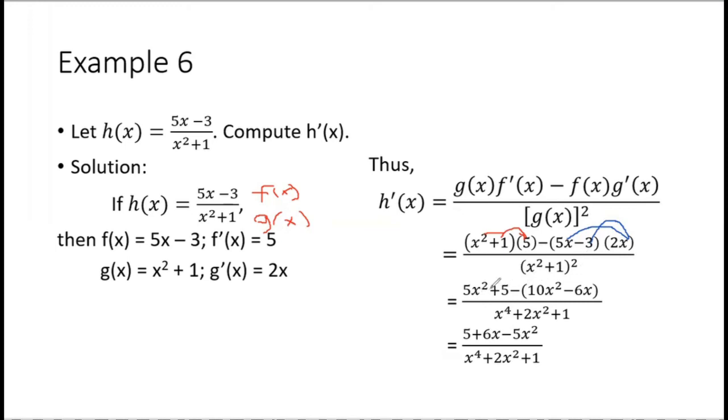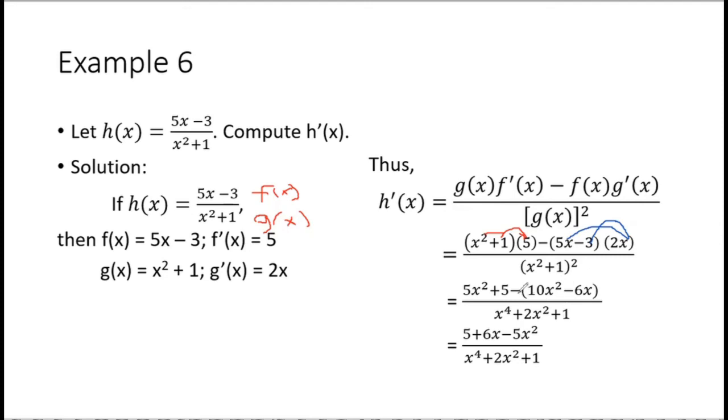So, meron tayong 5x squared plus 5 minus 10x squared minus 6x. Then, yung denominator naman ay x squared square, x to the 4, 2 times x squared times 1, 2x squared, 1 squared is 1.